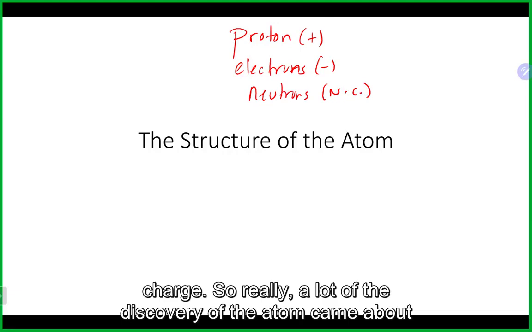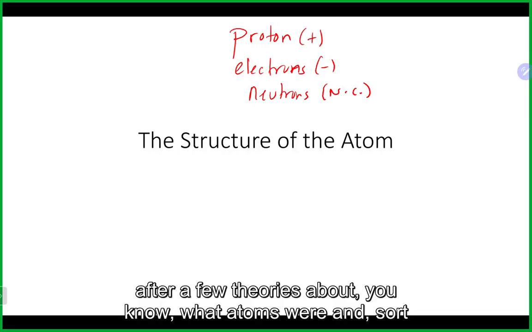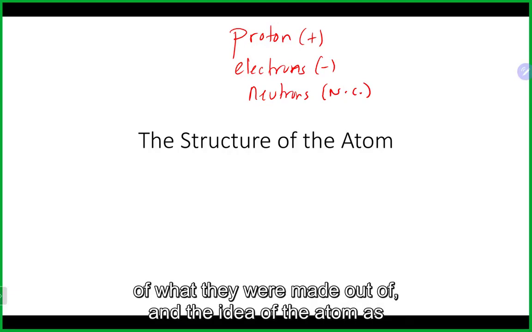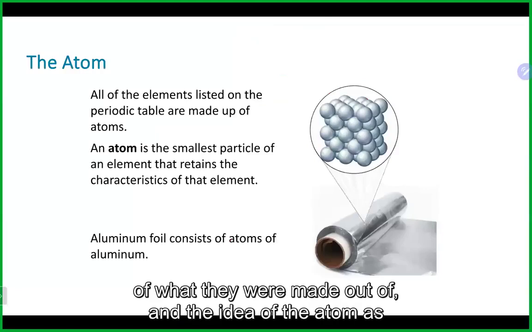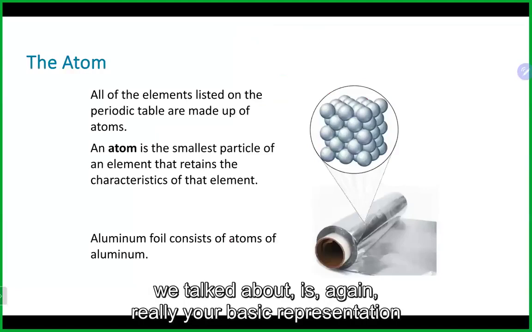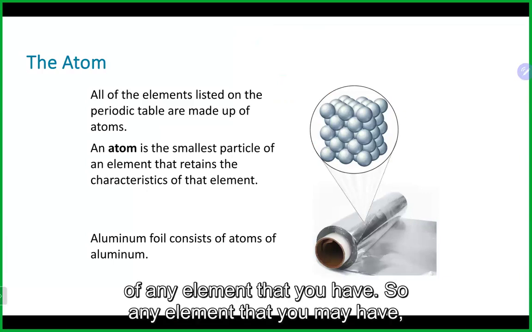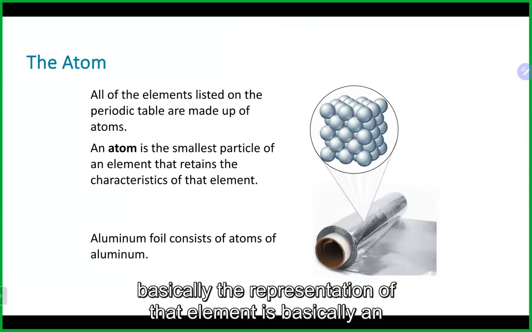A lot of the discovery of the atom came about after a few theories about what atoms were and what they were made out of. The idea of the atom, as we talked about, is your basic representation of any element that you have.